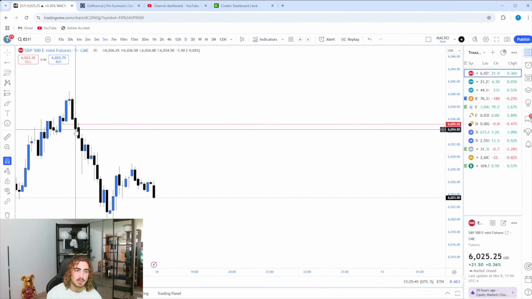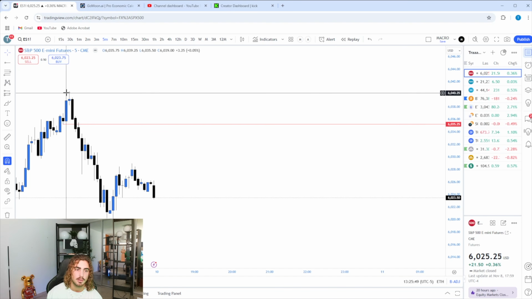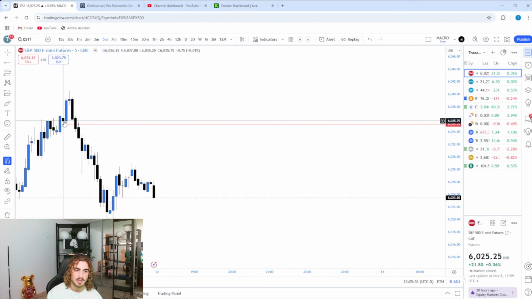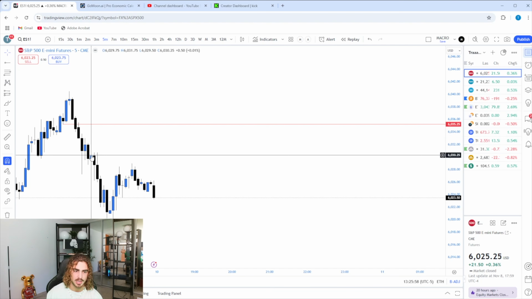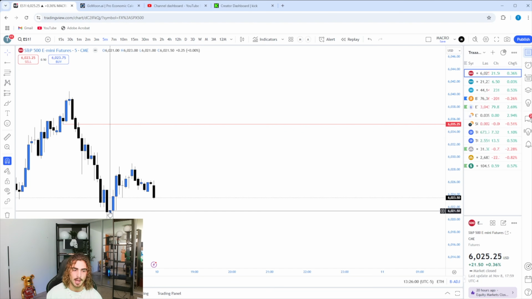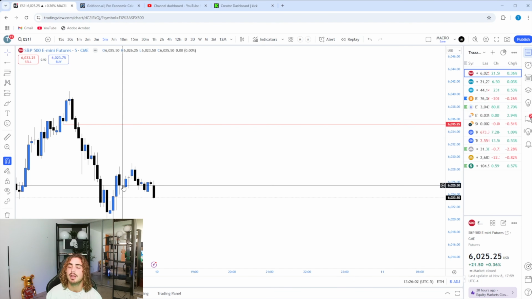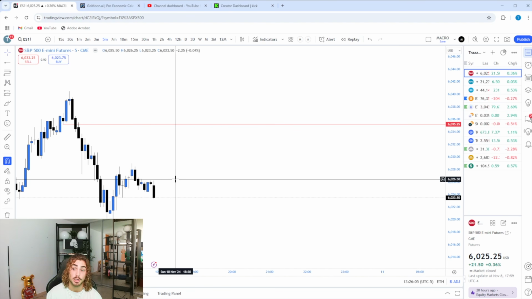On this candlestick we get a closure. The candle closes underneath this low. In turn, high, this was the previous low. Lower low, lower high. Kind of a bit of consolidation right here, but then lower low, lower high, lower low. And then we get a mini flip towards market close.